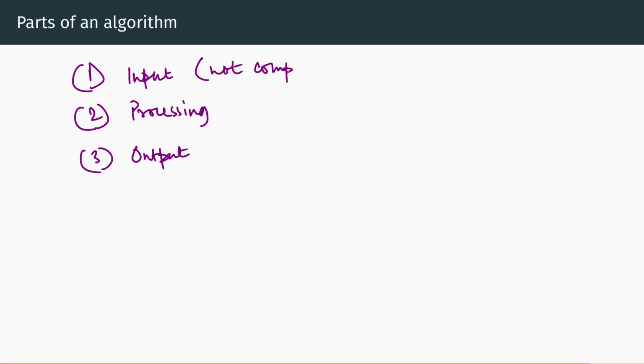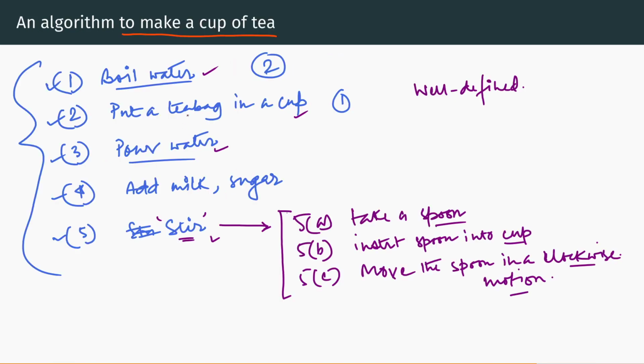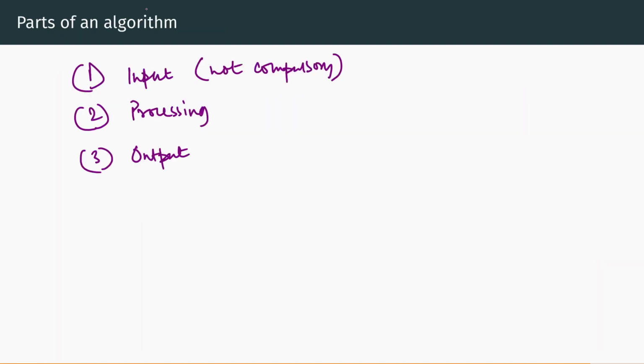For example, in the tea making algorithm example, we did not take any inputs. We just started straight away with solving the problem at hand, which is making the cup of tea. So an algorithm need not have an input. The second part is processing, obviously, which does the bulk of the work. And finally is the output, which is the solution to the problem that you're trying to solve.